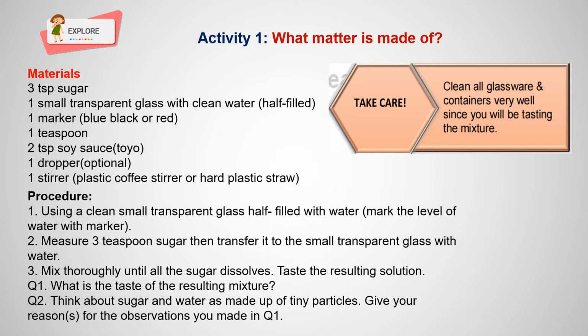Taste the resulting solution. Question 1. What is the taste of the resulting mixture? Please take note, you have to write your answer in your activity notebook. Question number 2. Think about sugar and water as made up of tiny particles. Give your reasons for the observations you made in question number 1.